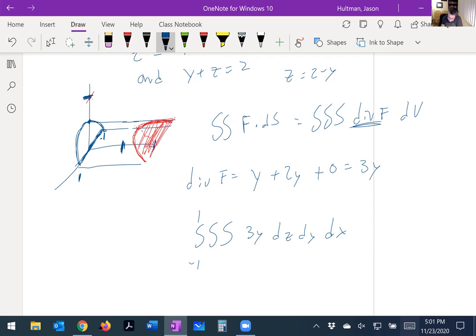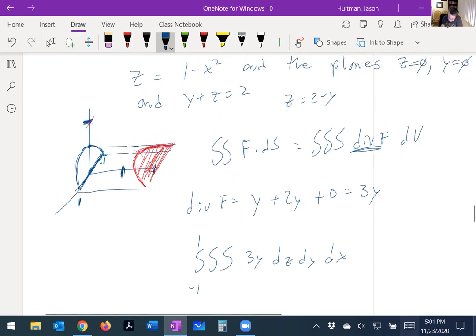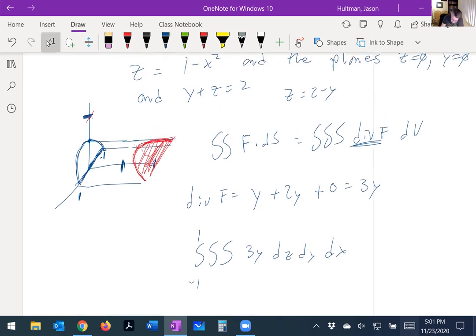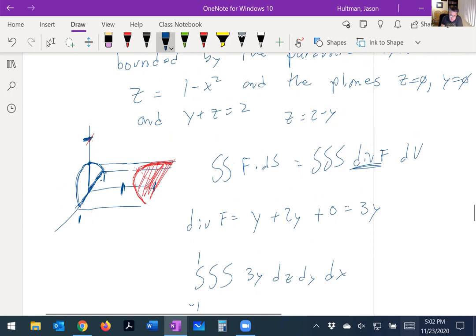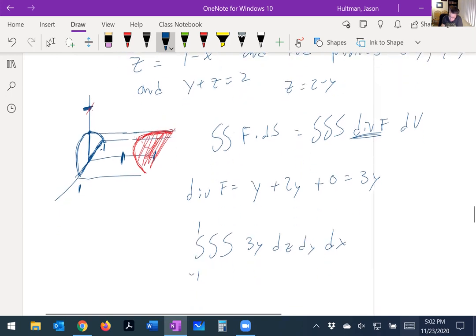What's z going from? Looks like 0 to, no, it looks like it's 1 minus x squared, wouldn't you think?